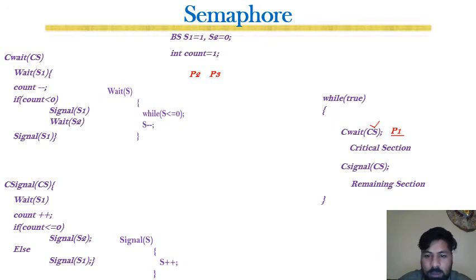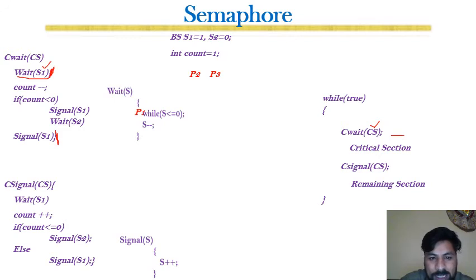So P1 will execute this function and move to the cwait function, and the cwait function at first executes the wait on S1. Once wait on S1 is executed, P1 will move to this function and check, and you can see that this wait is on S1.